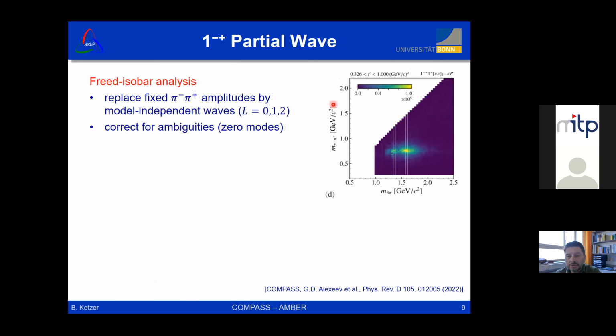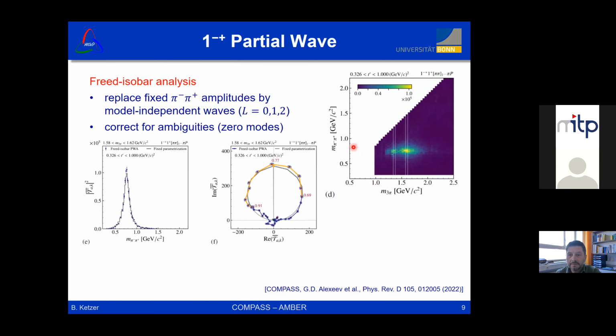you can show a correlation between the three-pion invariant mass, where you see the bump actually at 1.6 GeV in this particular wave, which is supposed to be the pi1(1600), and the dipion invariant mass, and you see there is a very clear rho in here, at about 770 MeV.